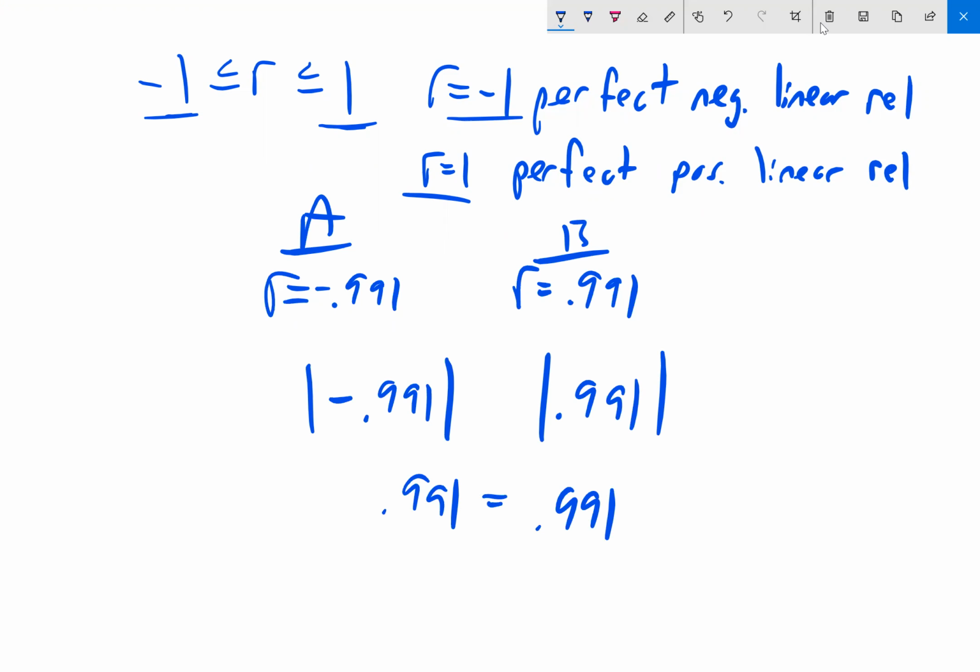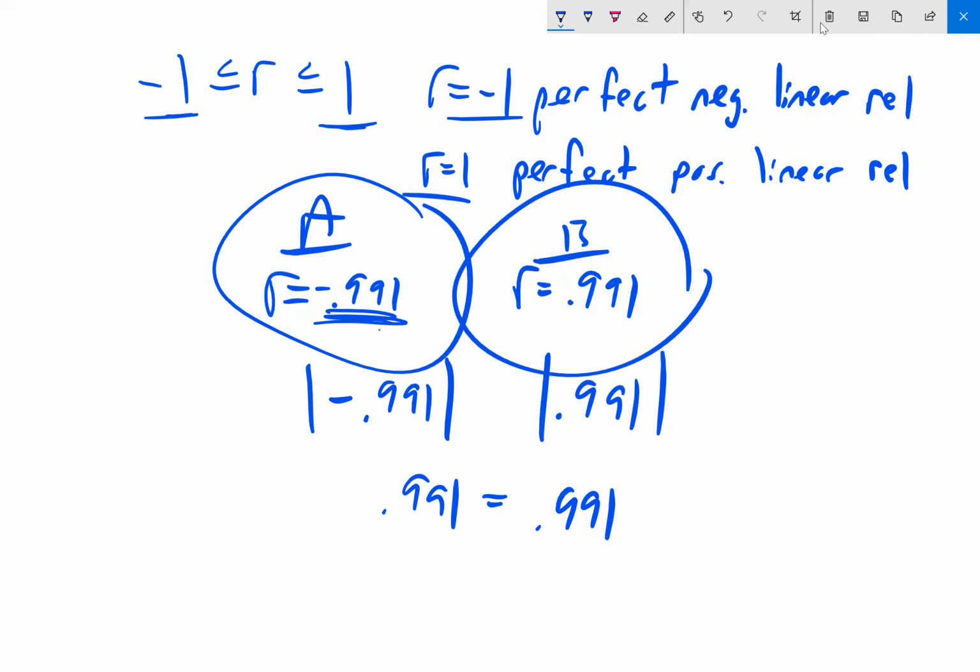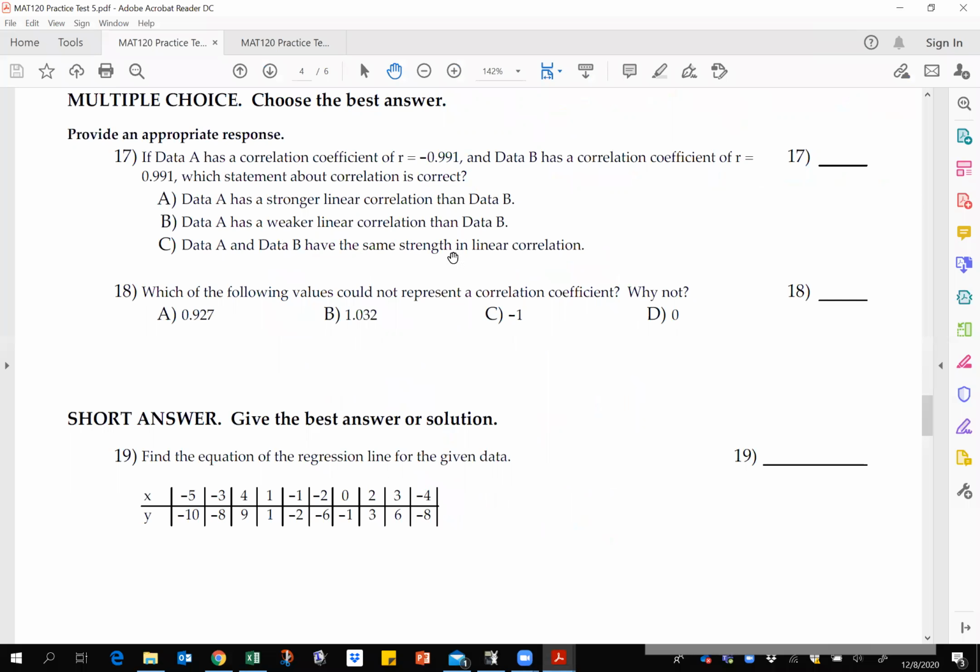Because they have equal magnitude, we would say that those two data sets have the same strength of linear coefficient. The one in A is as close to being a strong negative linear correlation as the data set in B would be, comparing it to a strong positive correlation. So there the answer is they have the same strength.